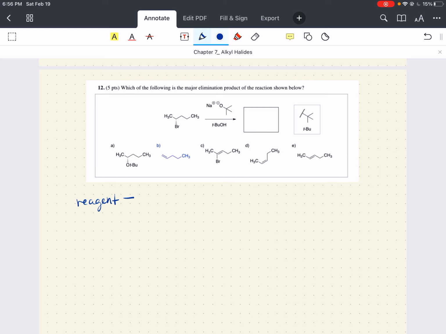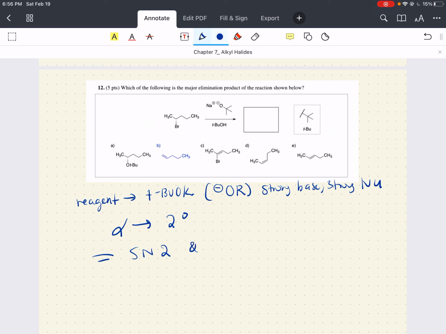Our reagent is tert-butoxide, commonly seen as OR. This is a strong base, strong nucleophile. Our alpha carbon here is secondary. So we're going to get SN2 and E2, where our E2 products are the major products over SN2.